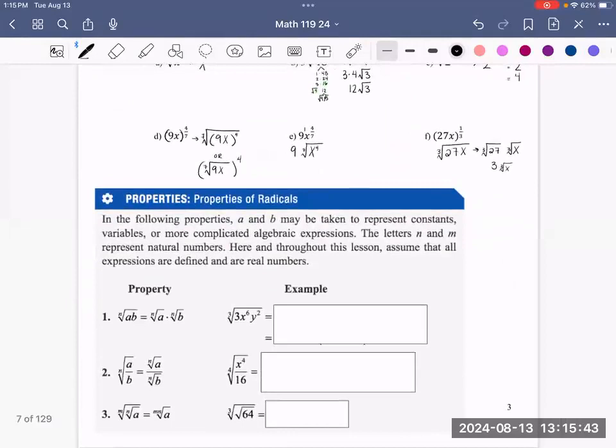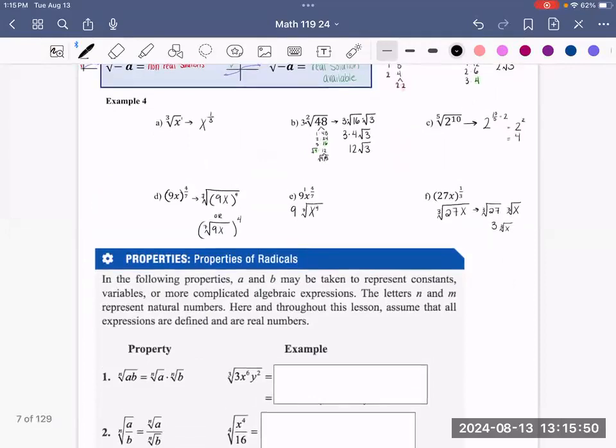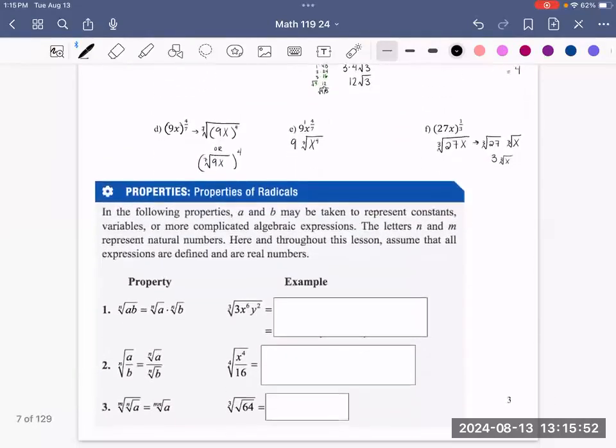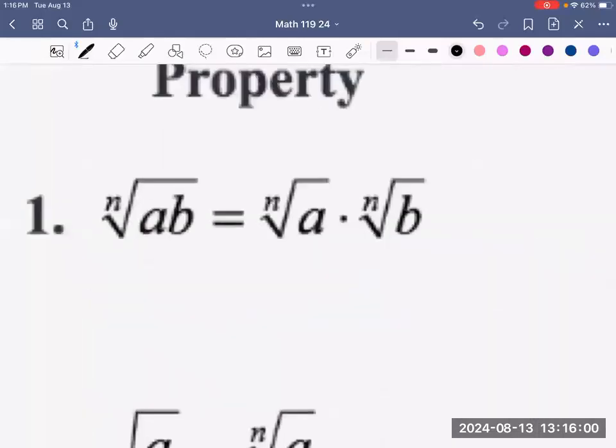Now, those properties that we just talked about in F, but we'll talk about here in parts 2 and 3, is the breaking up of some of these values. So we just did it where we broke up the 27 away from the x, evaluating this separately.